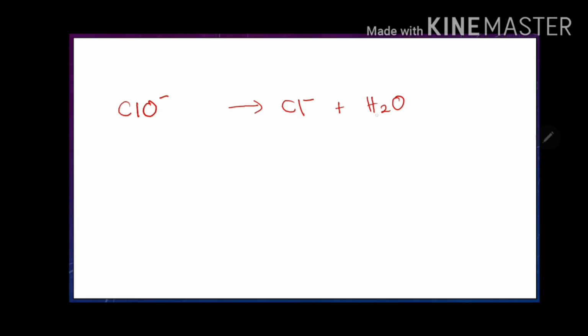So to balance hydrogen, add H plus. Which side to add H plus? Of course, on the left side. So how many H plus to be added? It is 2 H plus, to make hydrogen 2 on the left and right.